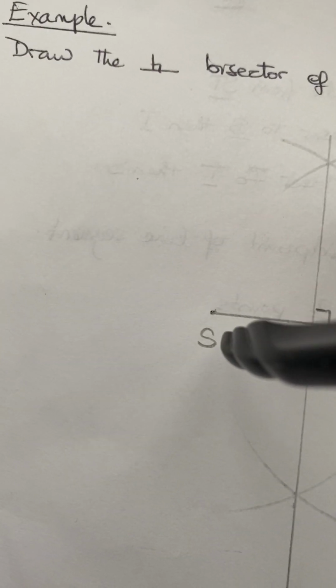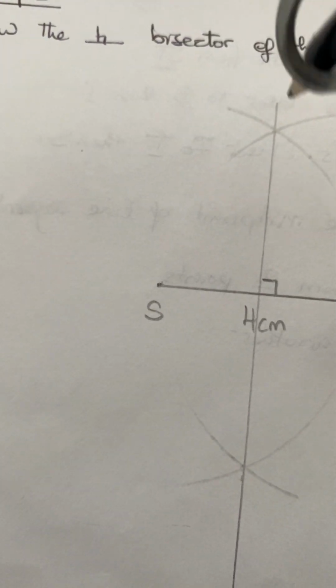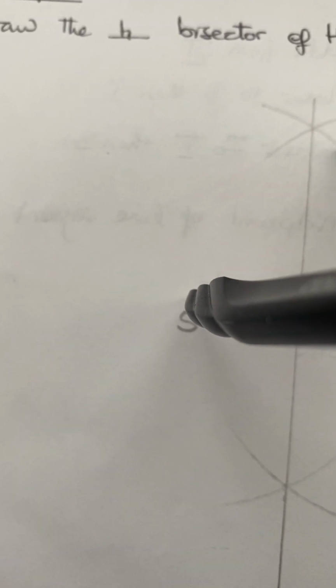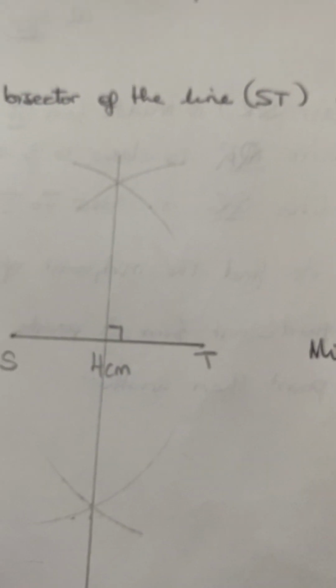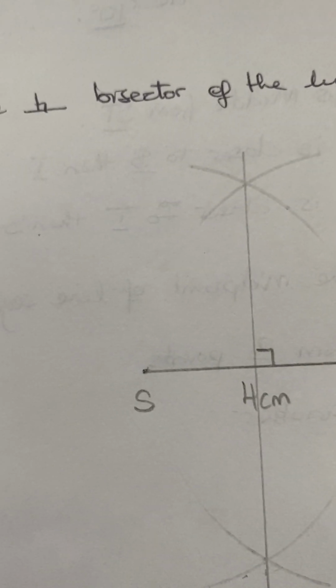Then go to T and do the same, and at S as well, cut it there and do the same here. Then where they meet, I draw the line.